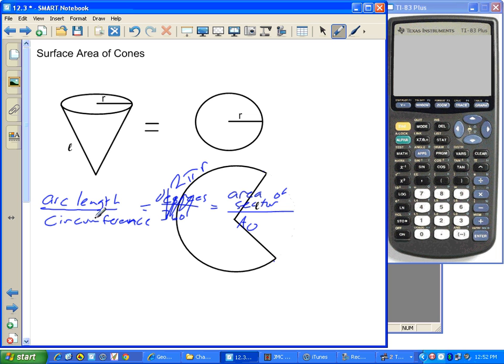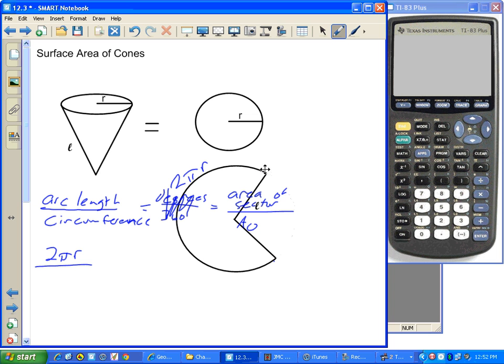The arc length of the piece I've got is 2 pi r. Remember, r is the radius of this circle. Even though it's the circumference of my circle, it only represents the arc length of this arc here.